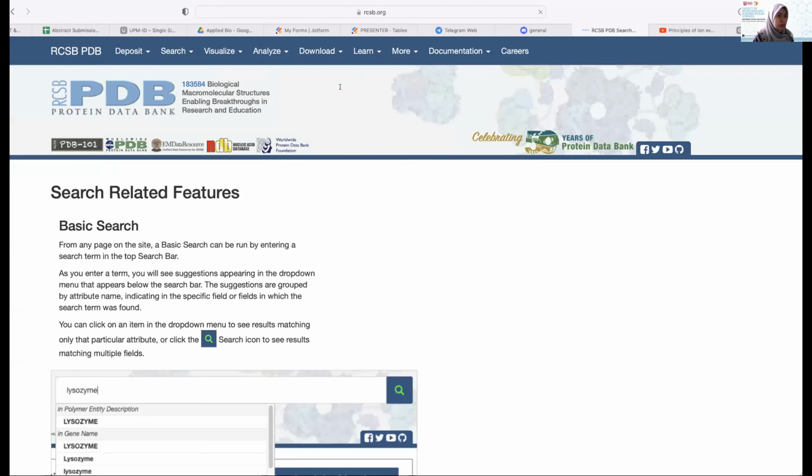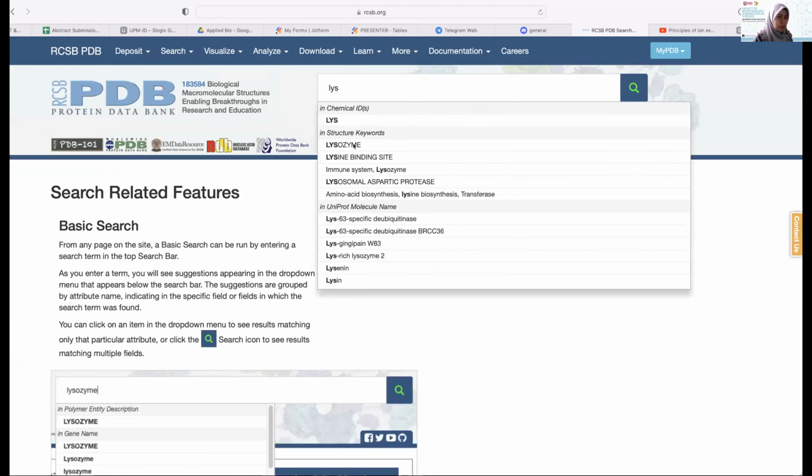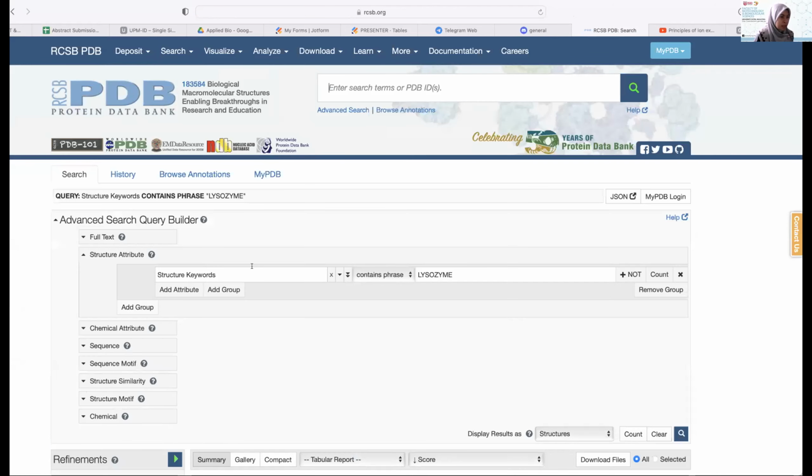Yeah, we go for lysozyme. Okay, so this will be the lysozyme protein.